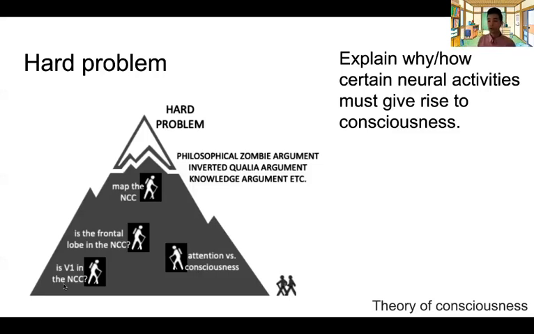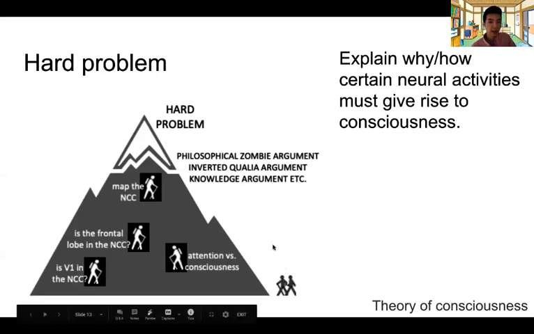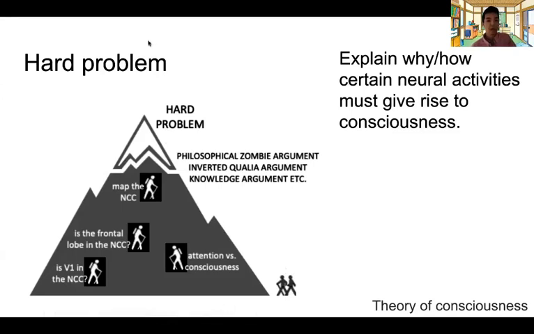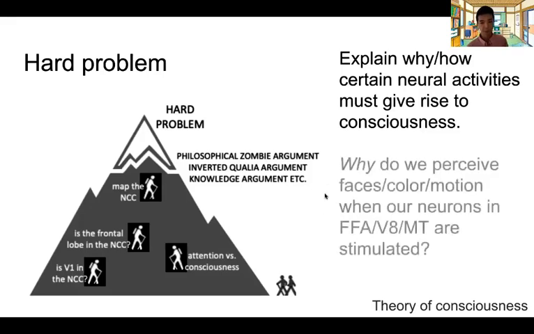So they should probably also experience the color through imagination or dreaming. But anyway, I'll cut the details of the argument. The important thing is that there is some kind of philosophical argument to say that there is a gap between the standard neuroscientific bottom-up approach and the hard problem of consciousness.